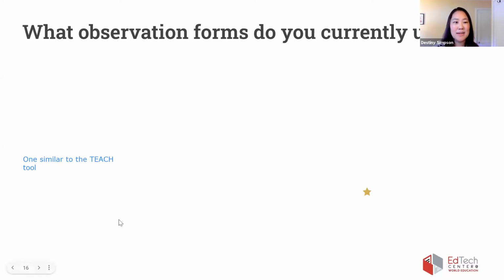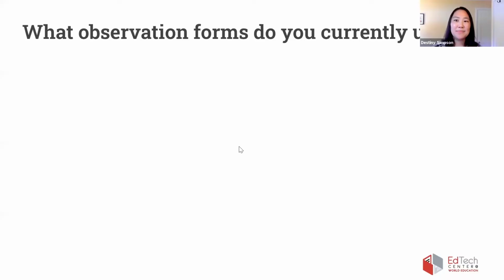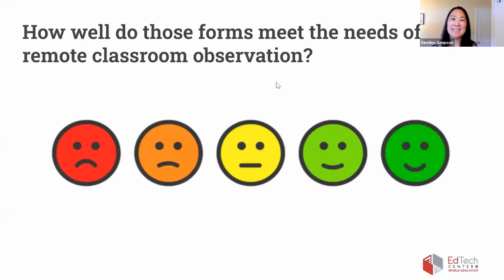Okay, so one that's similar to the teach tool. So I'm going to, it looks like there weren't a ton of people that were actually using a certain observation form. So I'm going to move on to the next slide here.